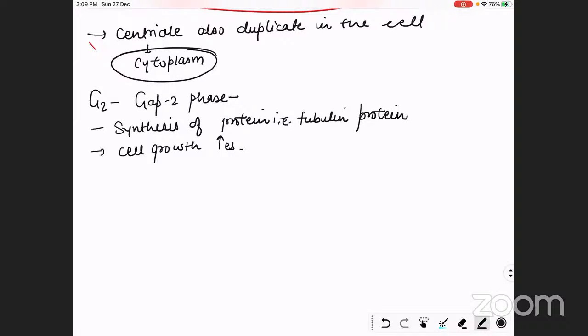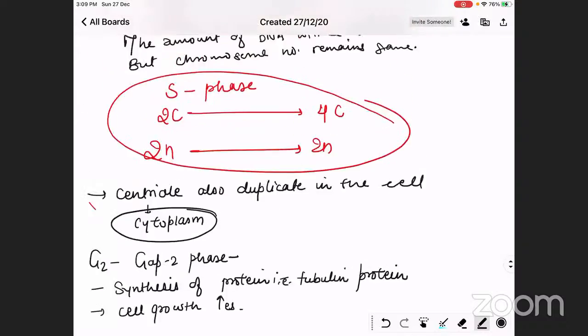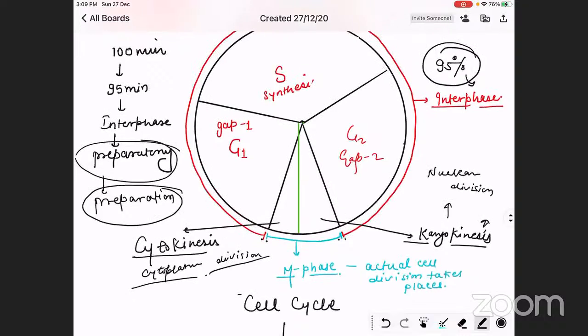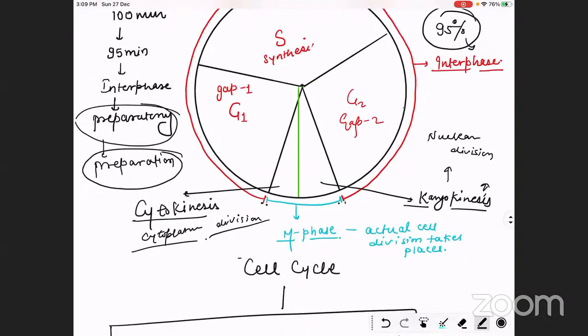Now all the phases of interphase are completed. But the most important thing is a phase known as the quiescent phase.